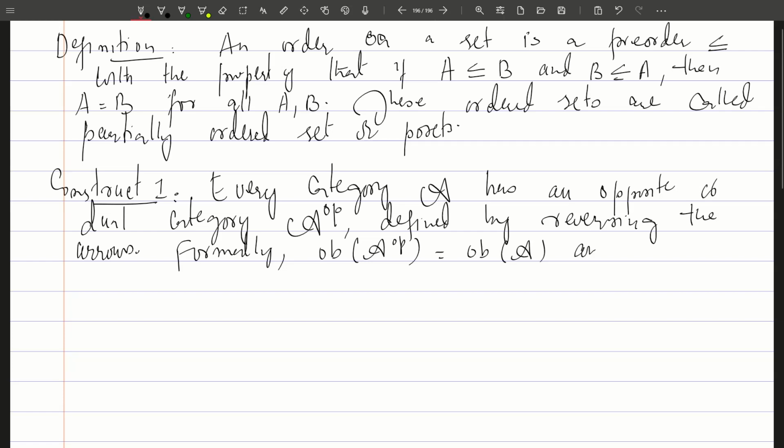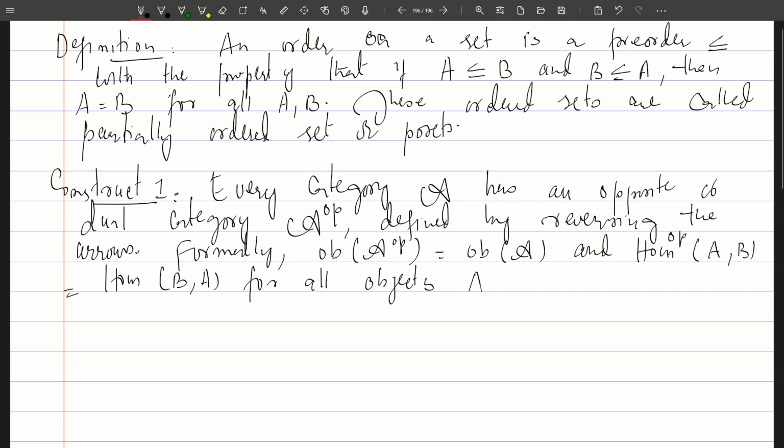And if I look at the morphisms in the opposite category from object A to B, they are actually the morphisms in the given category from object B to A. So that means the arrows get reversed, for all objects A and B. The identities in the opposite category remain as they are.